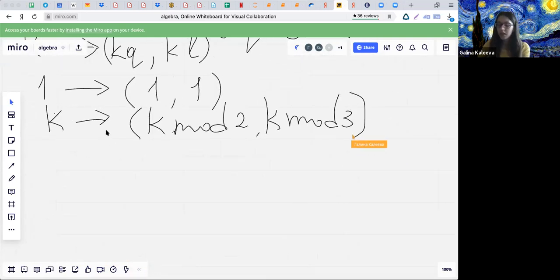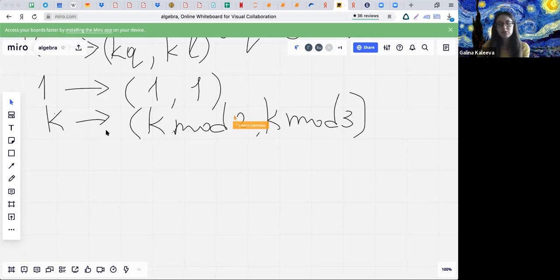Then I ask myself a question. Is this homomorphism bijective? Is it an isomorphism? How can I check it?